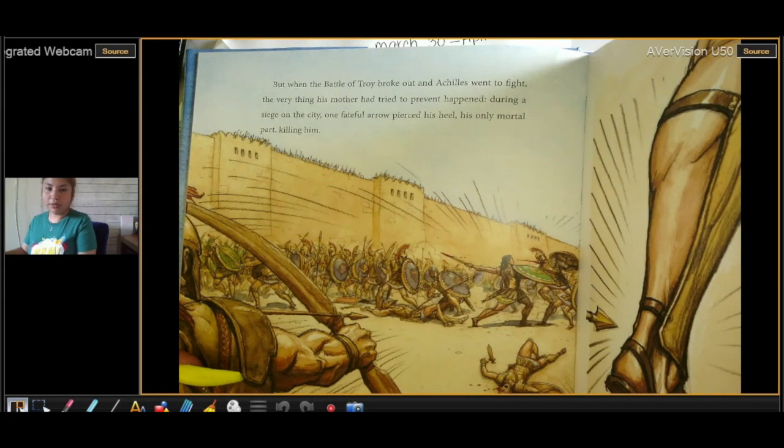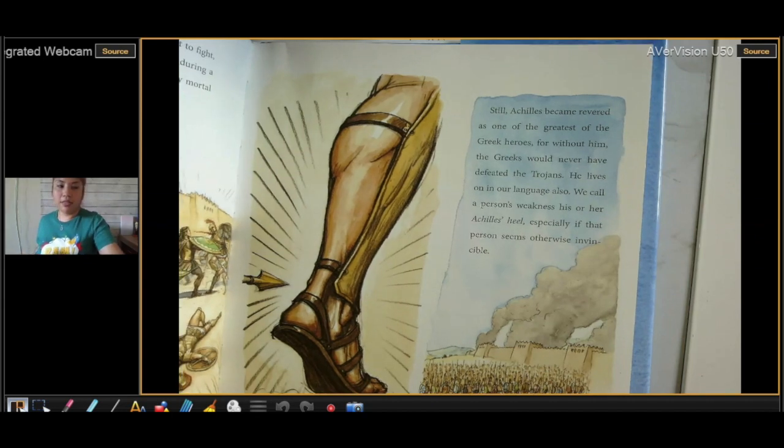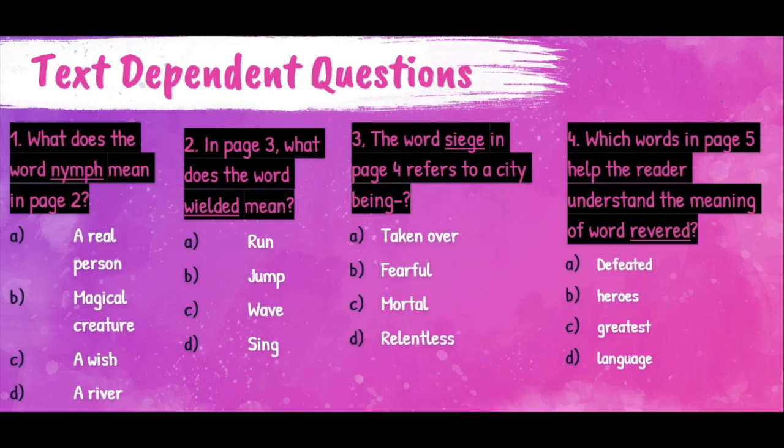Page 4. And page 5. This is where you're going to be answering your text-dependent questions. So you're going to have to go to pages 2, 3, 4, and 5. You can pause the video now so that you can write your answers.